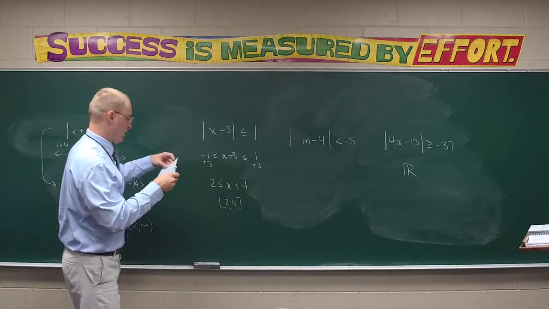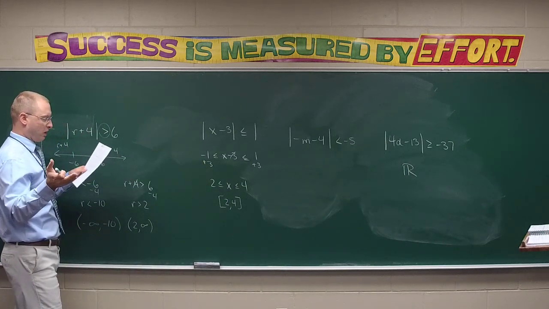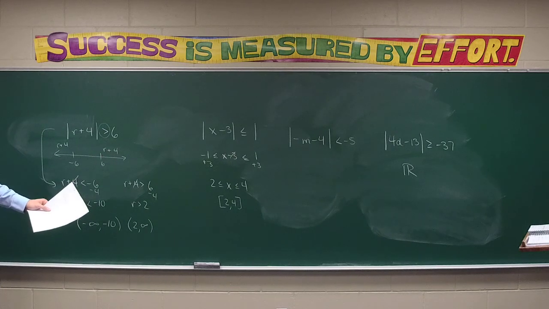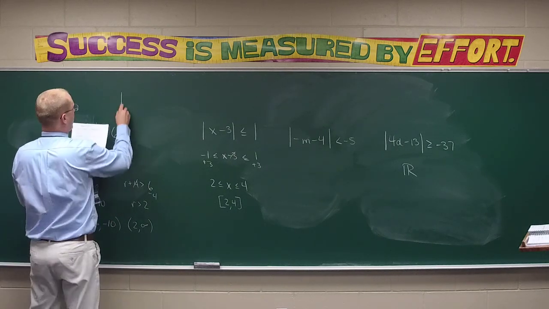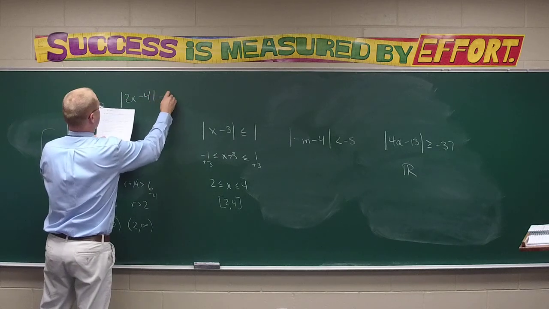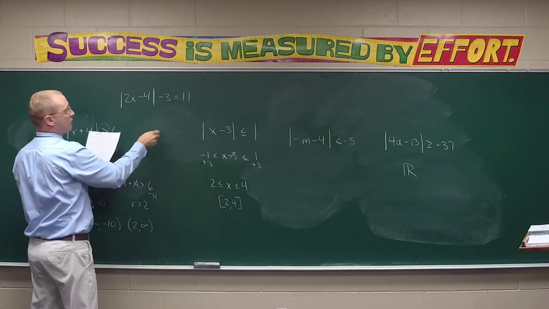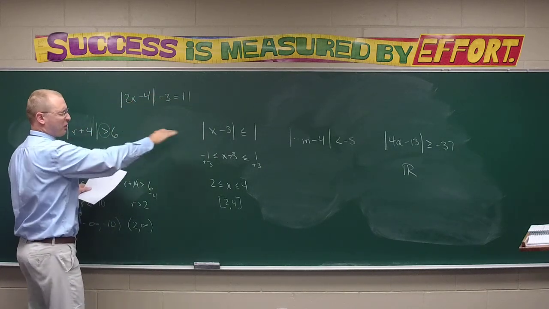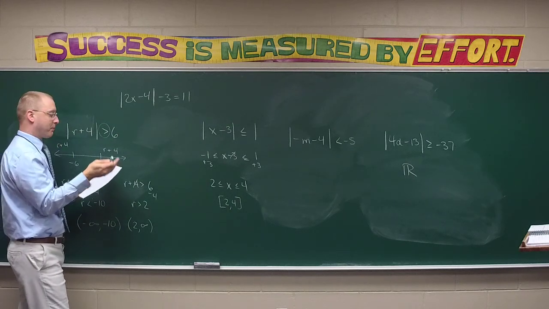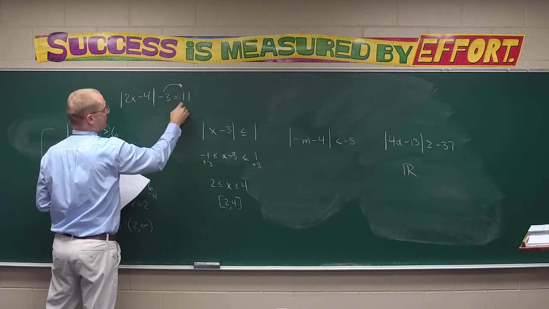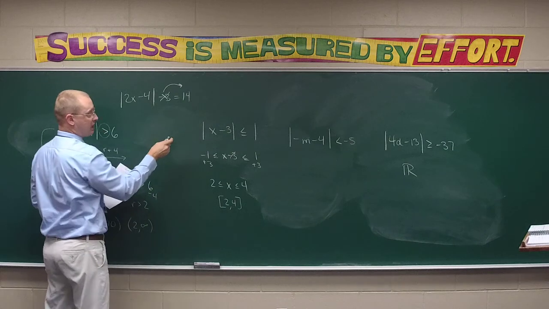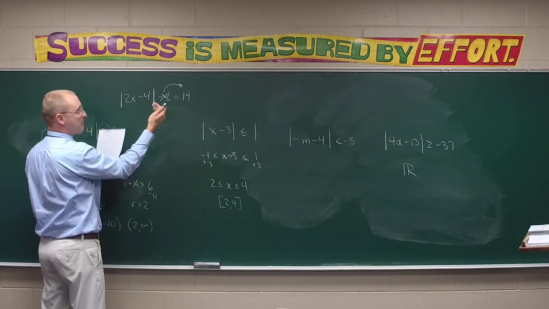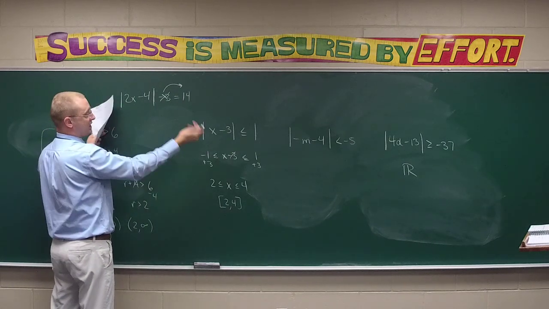Yeah, on number 1, and again, you may be well served to watch the first 8 minutes of the video, but I'll go ahead and go over it again really quickly. So, we've got to isolate, and again, all of the inequalities were isolated, right? But for this one to isolate, I've got to move the negative 3 over as a positive 3 to get a 14. And then I'm not going to set it between the positive and negative 14 or outside the positive and negative 14.